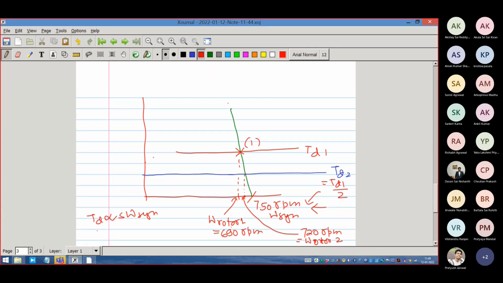Now we have made the torque half. So the product S times omega sync has to be half. That means S2 into omega sync has to be half of what it was.